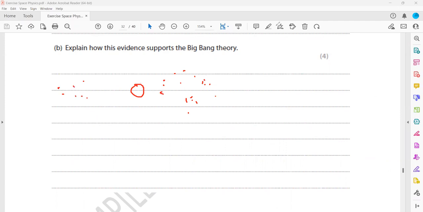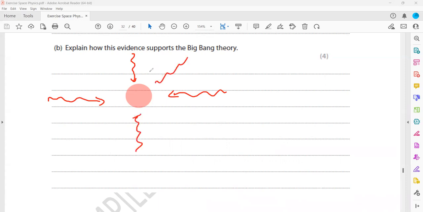But how does the cosmic background radiation support the Big Bang theory? When we observe the cosmic background radiation, we receive approximately the same amount from all sides. So what is the evidence? This is evidence that it all started with an explosion. It was one point, and then it exploded uniformly, conserving momentum.